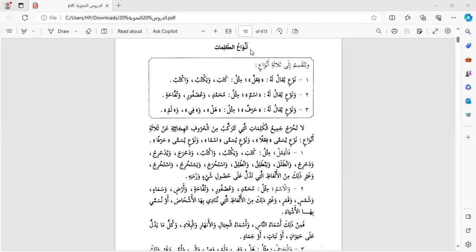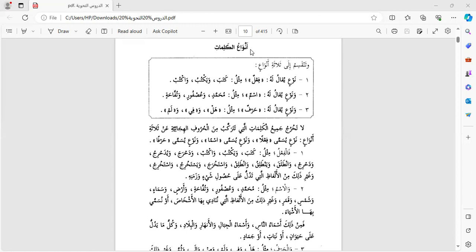Types of words, okay. As you know, the words consist of letters, and the letters in Arabic start with alif and end with ya. Those are the letters in Arabic. So what about the words themselves?